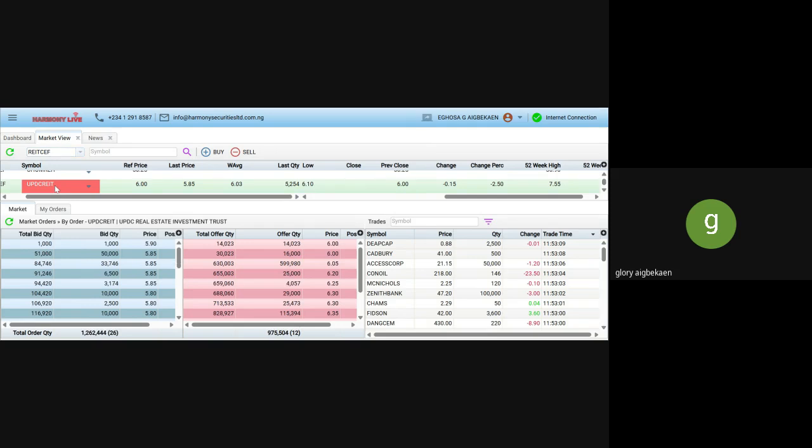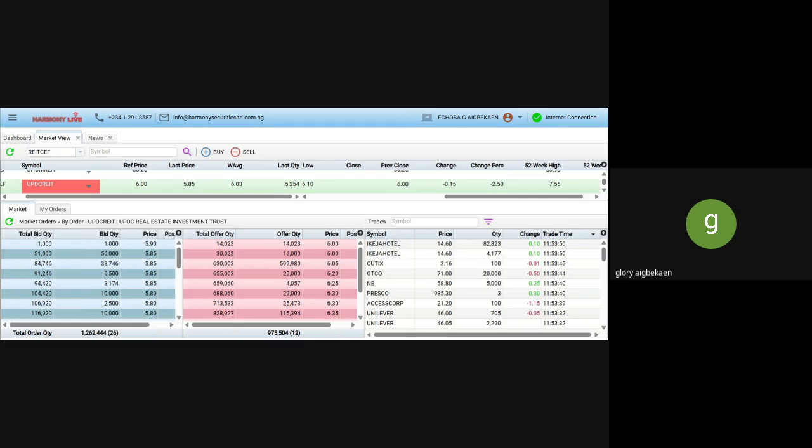You click on that board, you'll notice that the last unit they just sold was at 5 naira 85 kobo. It's actually at the bottom of the pyramid. So if you buy today and sell at 6 naira 30, you just wait till you get to 6 naira 30 and sell. The profit is low, but that's the cycle.